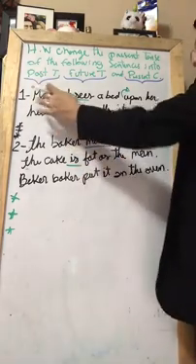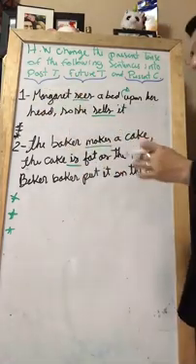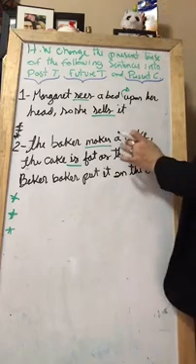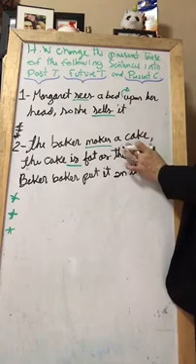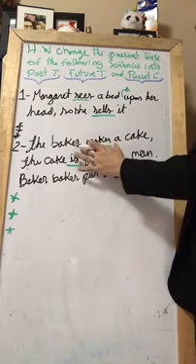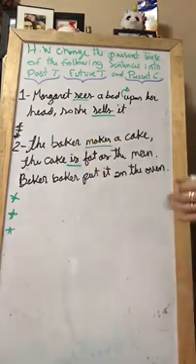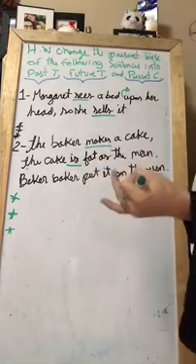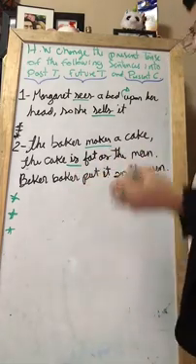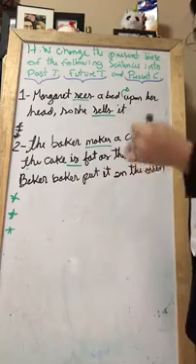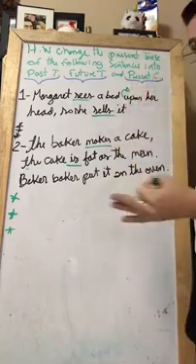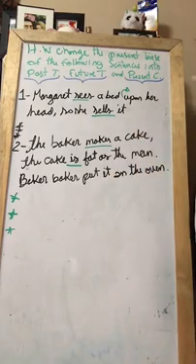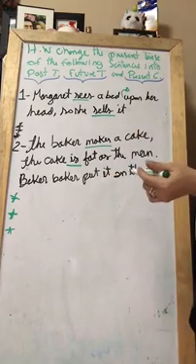Things like Margaret, like cake, those things don't make it into present or past because they are constantly the same. There's no past tense for cake, but there is a past tense for make. So all the verbs to be, all the verbs, all the actions, cook, eat, steal, is, are, those are the things that you're going to identify, okay?